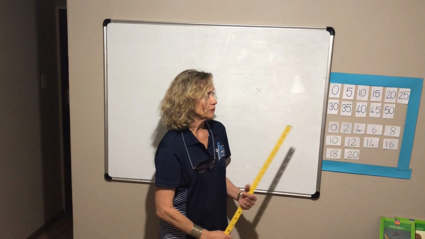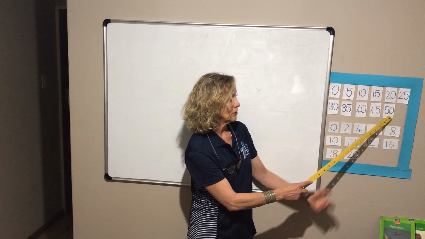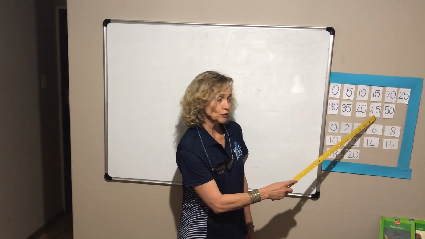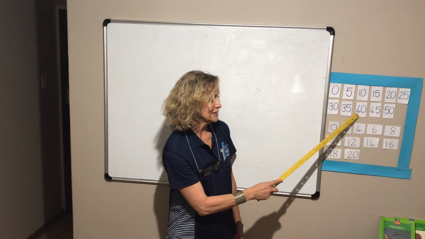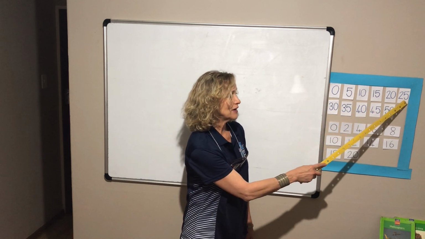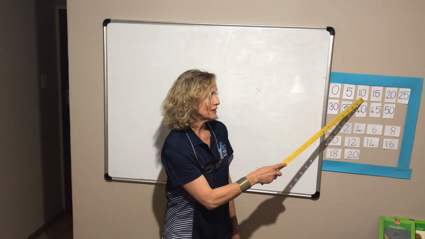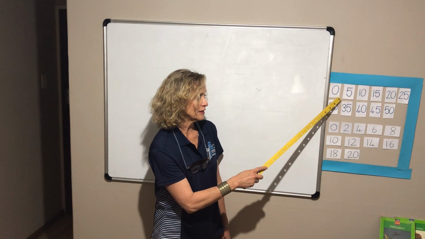So then when we've counted up to 50, we can just as well go back also. 50, 45, 40, 35, 30, 25, 20, 15, 10, 5, 0.